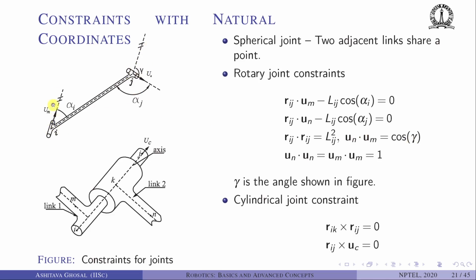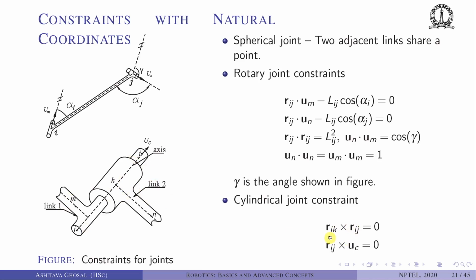This is that joint axis which is translated here, and this is the second one, and the angle between them is gamma. And finally, we have these 2 axes which are unit vectors. So this is the constraint due to a rotary joint. If you have a cylindric joint, which basically means that this link 2 can slide with respect to link 1 and also rotate.